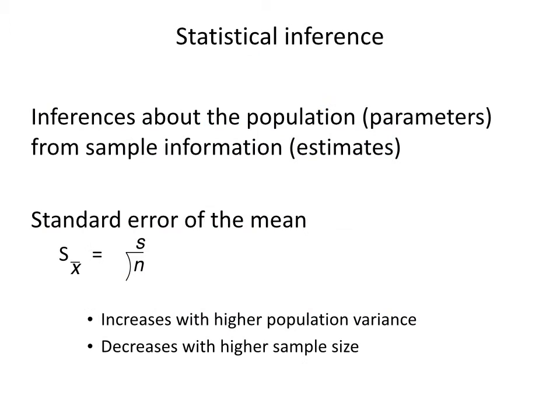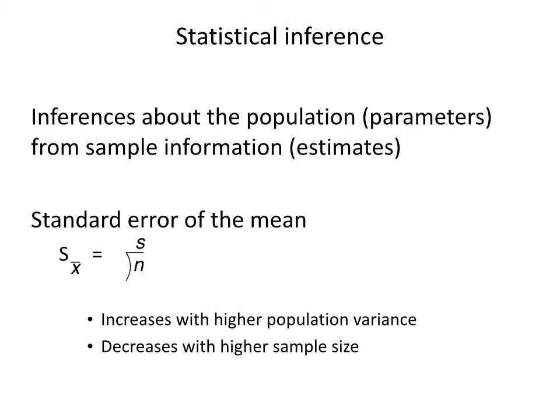A final comment about descriptive statistics is statistical inferencing. Statistical inferencing is drawing conclusions about a population parameters from sample information, the estimates we derive from samples. So most commonly, we are trying to describe a population the same way we have been describing samples here.